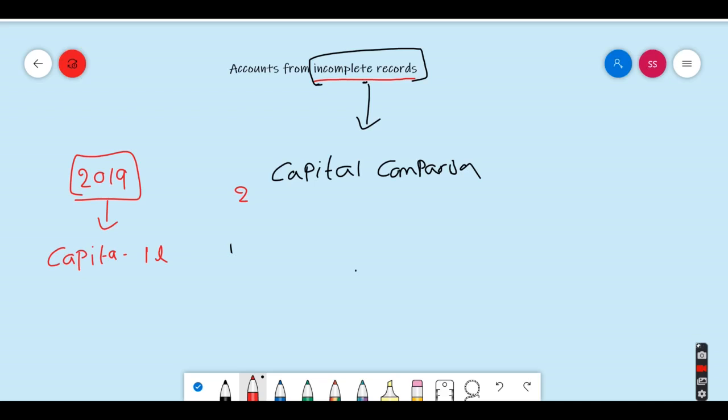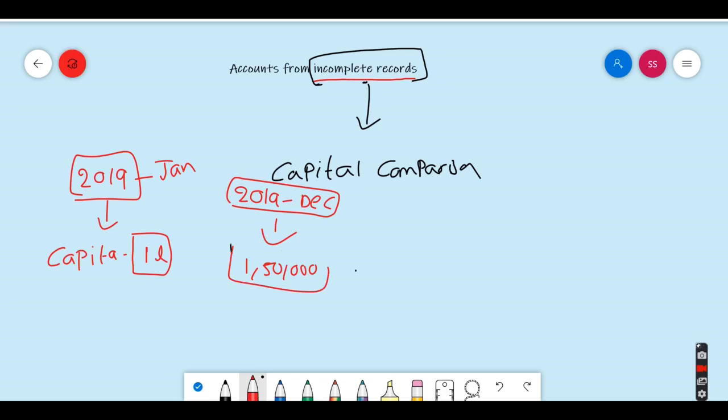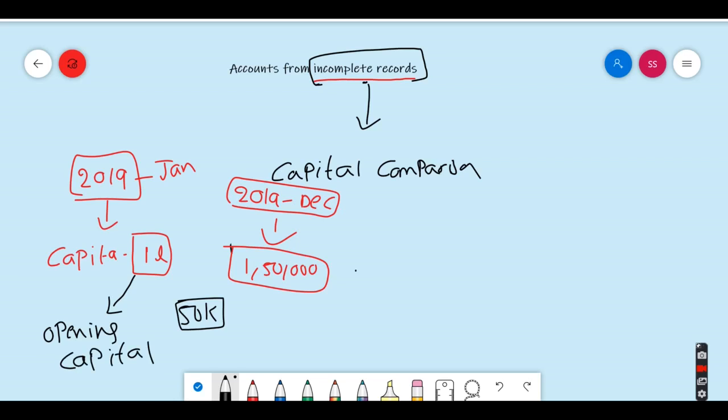At the end of December 2019, you have money with you, 1,50,000. What does it mean? You started with 1 lakh and ended up with 1,50,000. Obviously 50,000 profit you have made during the year, we can say that, right? So we can call this the opening capital, and we can call this the closing capital.